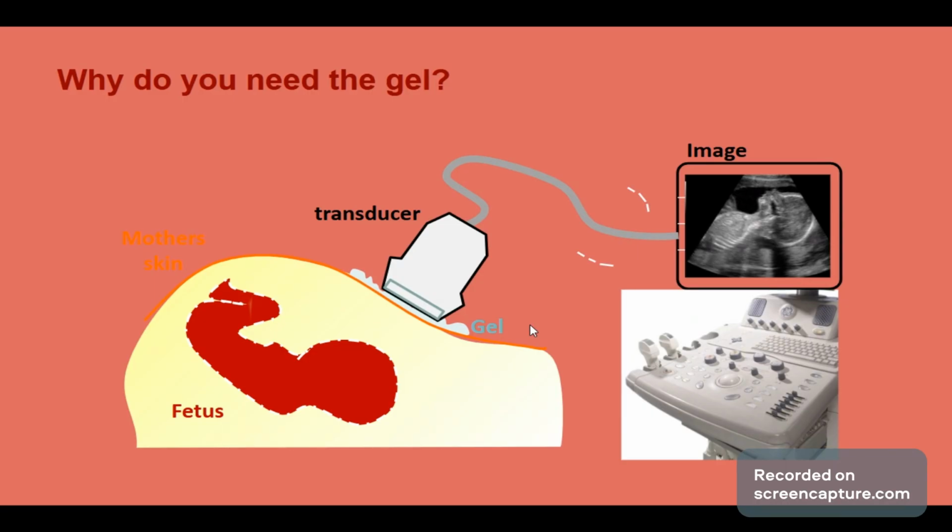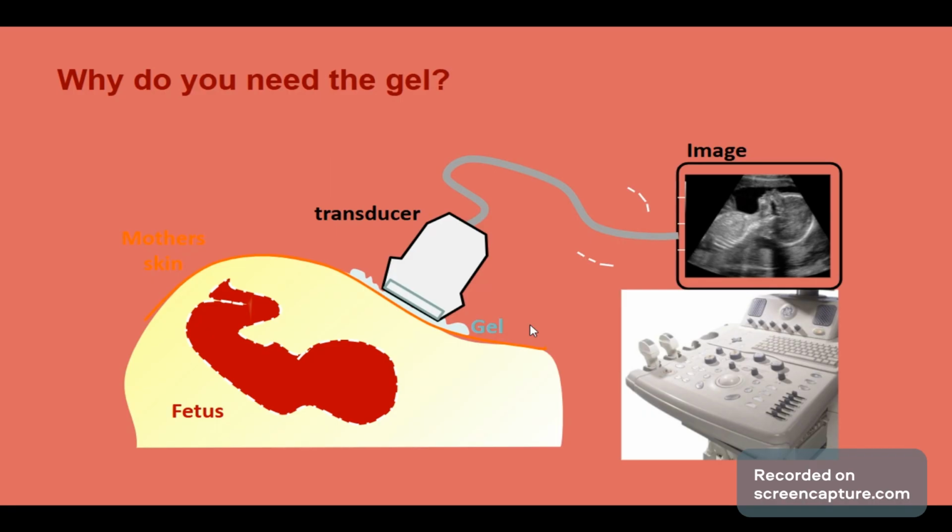Now, unfortunately, there's a huge change in density moving from air to the mother's skin. And so if there wasn't gel there, we would go from air to the mother's skin and have a huge reflection, and most of the signal would actually get reflected back immediately. The problem with that, of course, is that we don't really want to see the mother's skin. We want to see what's inside.